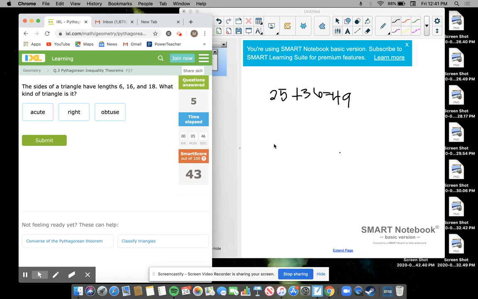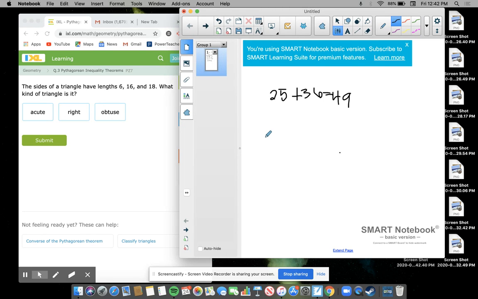6, 16, and 18, so I get 36 plus, I need to square 16, which I don't know off the top of my head. Let's see here. 16 times 16 is 256.